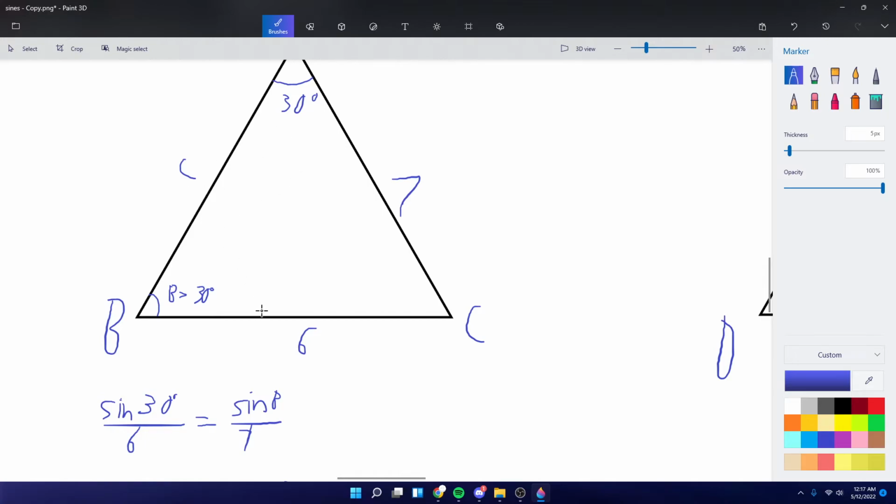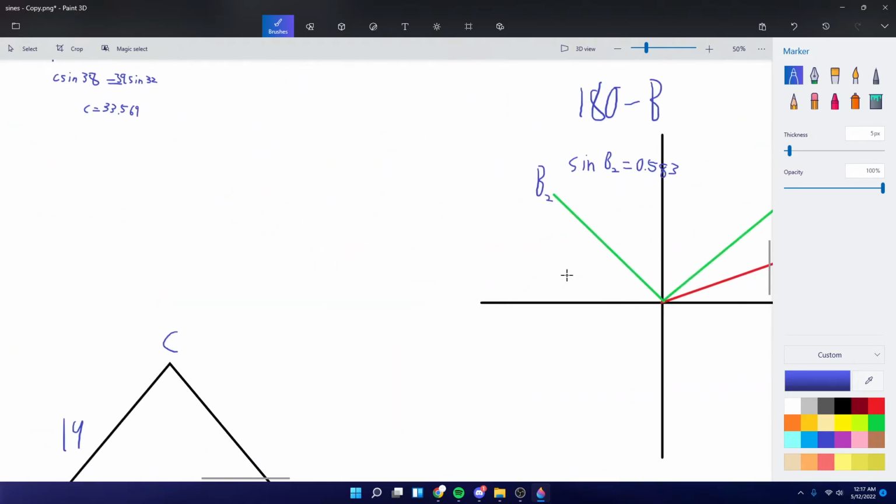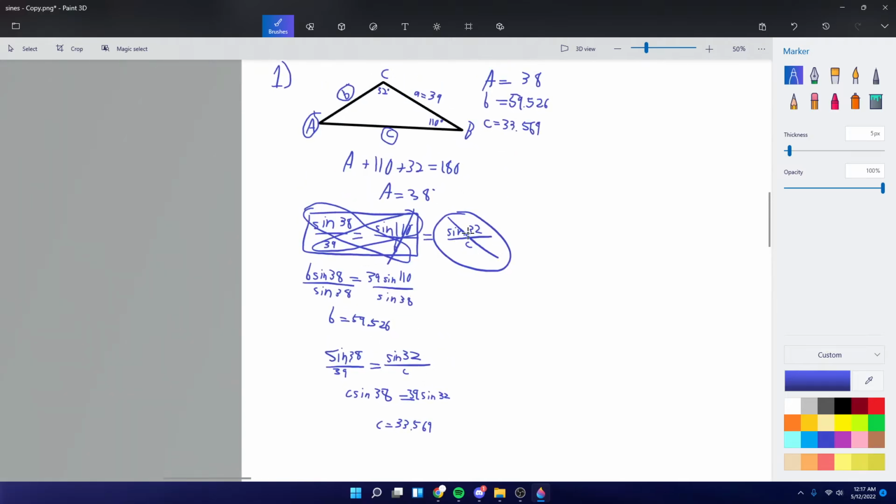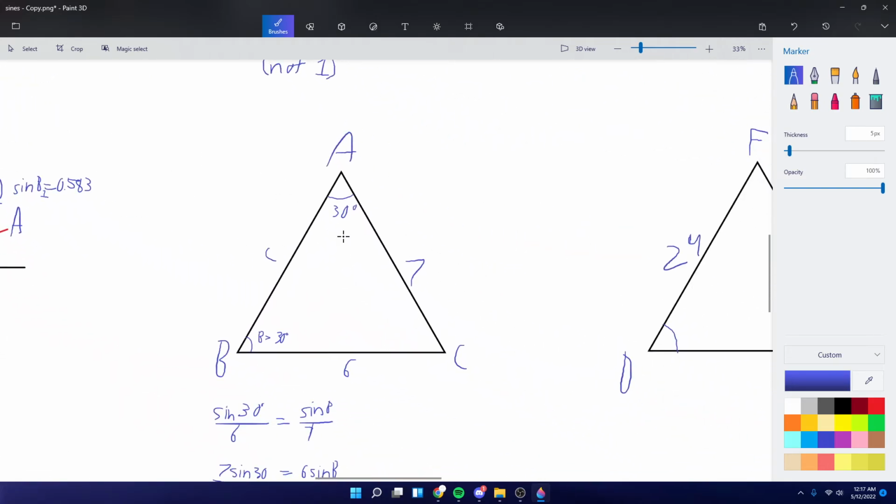So after you figure out the two different angles, you want to just solve it as two different triangles. And you use the same methods as the first part here, where you're given two angles and a side, except here you're given two angles, two sides, so it's easier, but you just do the same exact thing.